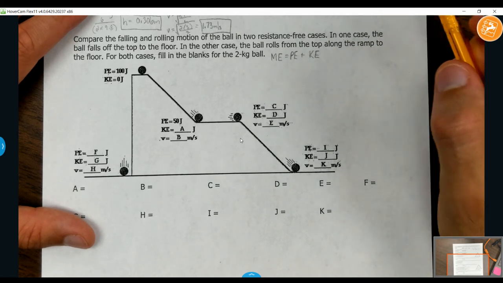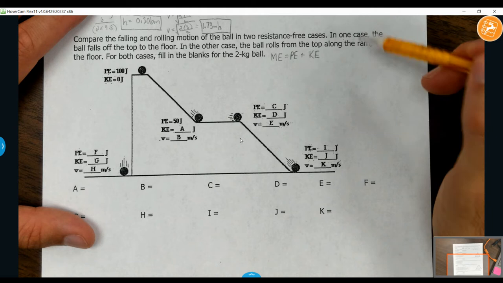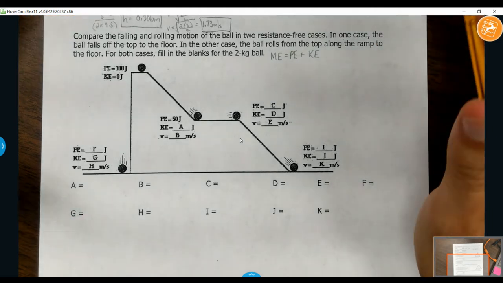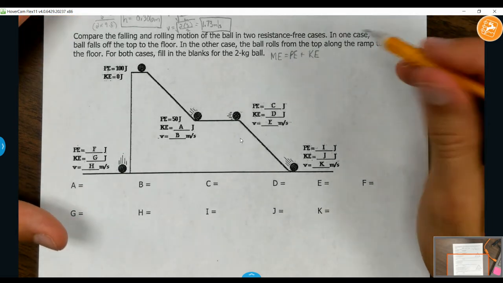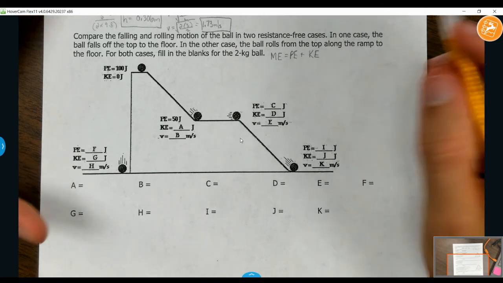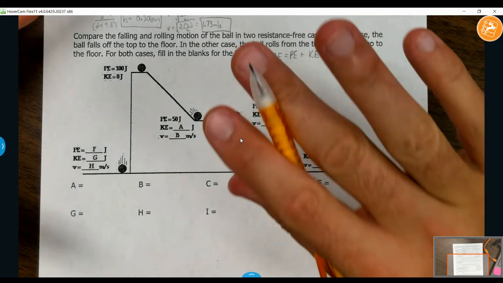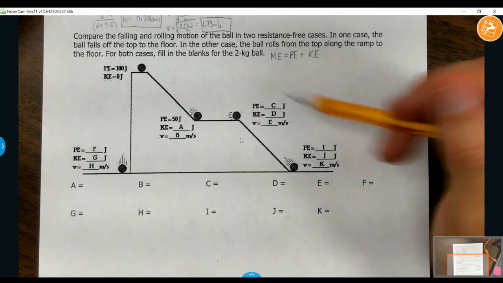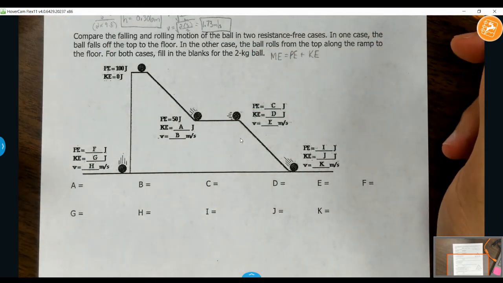For a closed system, resistance-free cases, so there's no friction or air resistance, the mechanical energy is not going to change whatsoever. So it's going to be 100 joules at each of the given parts.